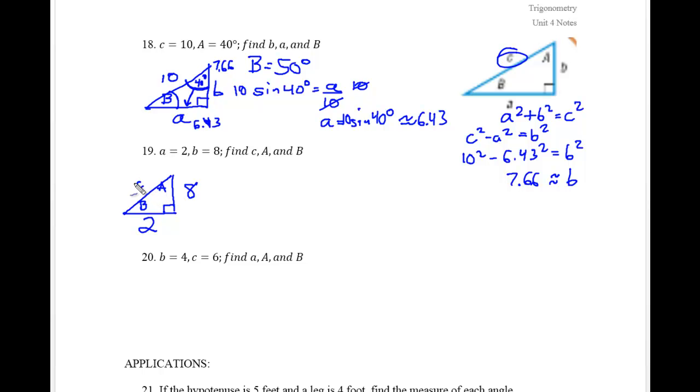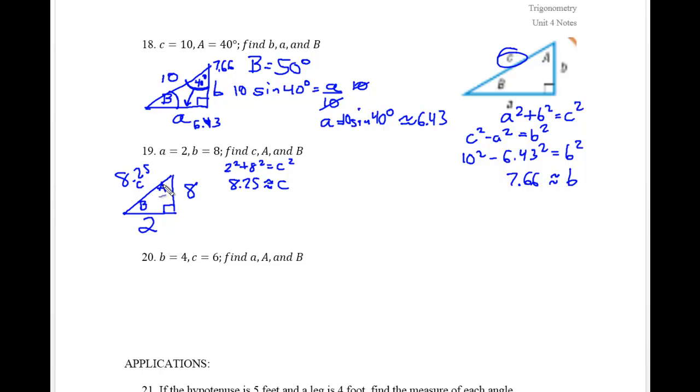Let's find the missing side first, because the Pythagorean theorem will lead the way. 2 squared plus 8 squared equals c squared. You add these squares up, and then you take the square root of that sum. So c is going to be approximately 8.25. So c is the largest side, which makes sense because it's across from the 90 degree angle.